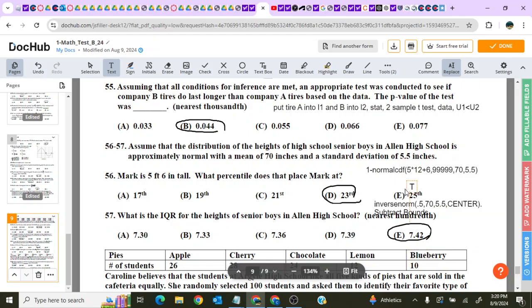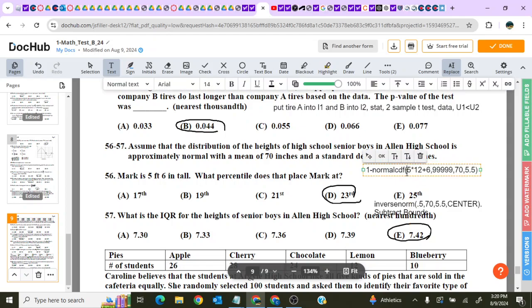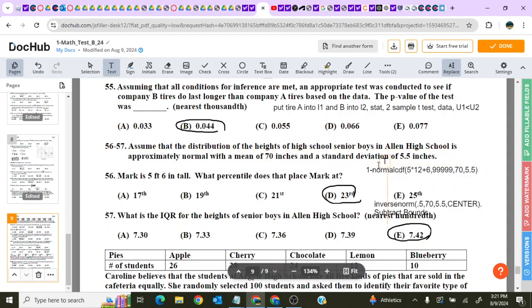Well, let's figure out the probability that someone is taller than Mark. Our lower bound is his height, so 5 times 12 plus 6 inches. The upper bound is infinity, anything that's taller than him. The mean is 70 inches, standard deviation is 5.5, so use normal CDF for that.